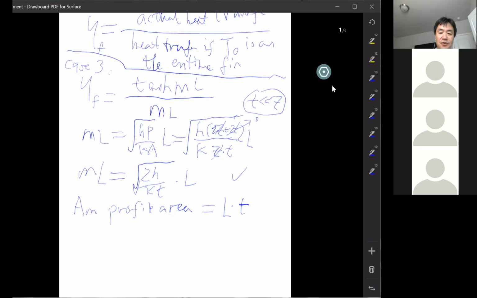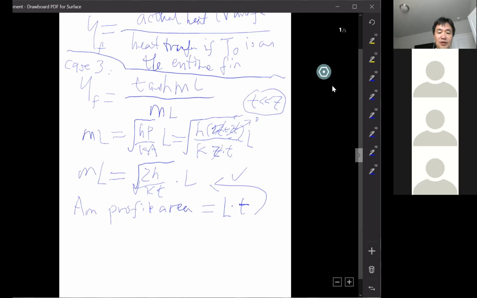So if you use the frontal area in this equation, then ML becomes, you can just substitute there, square root of 2H over K times the profile area, times L to the 3 halves. That's the same equation. These two are basically exactly the same.